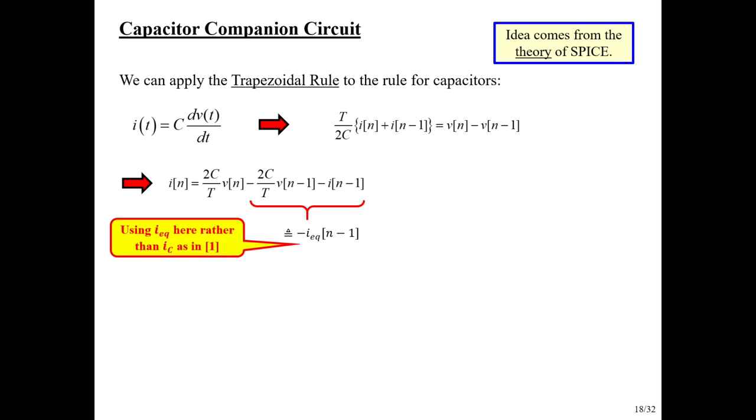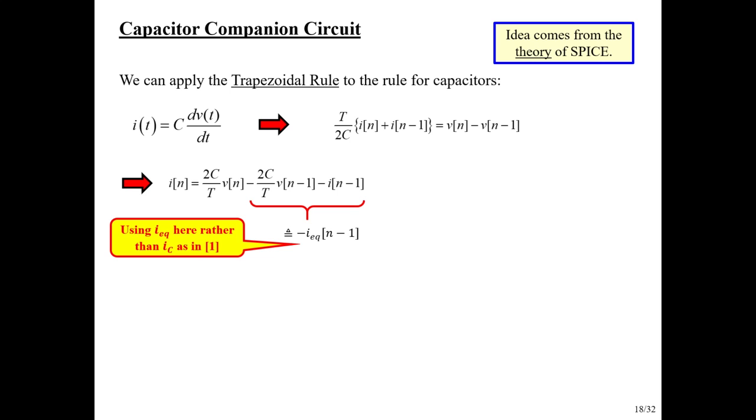And now I'm going to do some other little tricks here. I'm going to define, following what was done in David Ye's paper and in his PhD work, that thing, including this negative sign at the front. I'm going to call that negative I_EQ of n minus 1. It's just a naming, just bookkeeping.